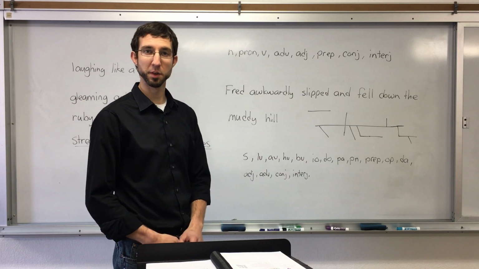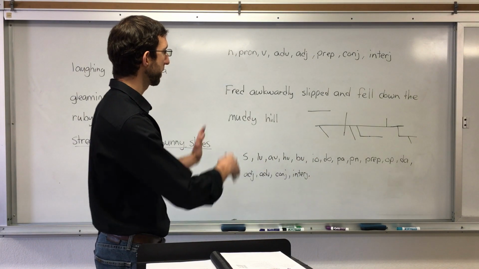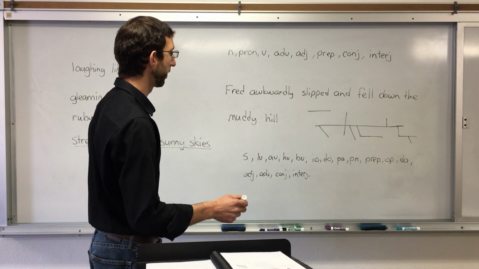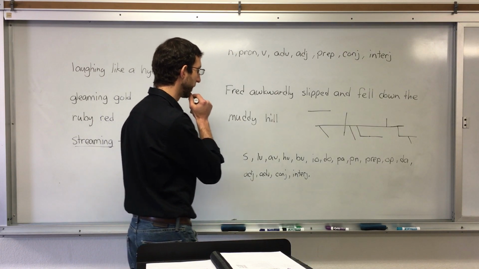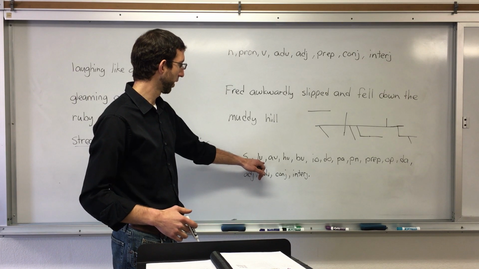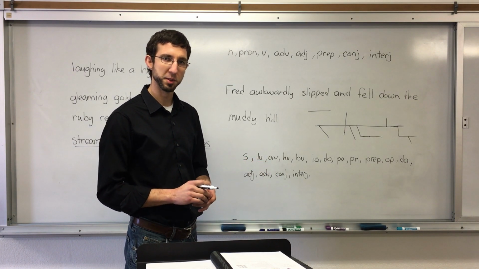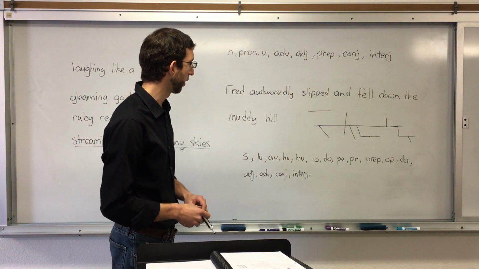Okay, so always start with finding the verb first. Look for action or being. Slipped, fell. We've got a compound verb there. And remember, when you're labeling sentence parts, you have to determine, is it an action verb, linking verb, being verb, or helping verb?